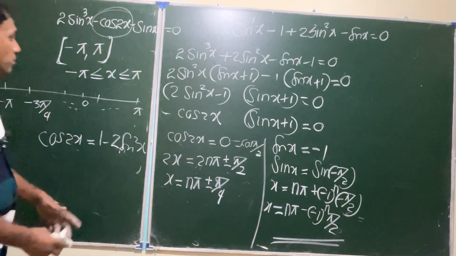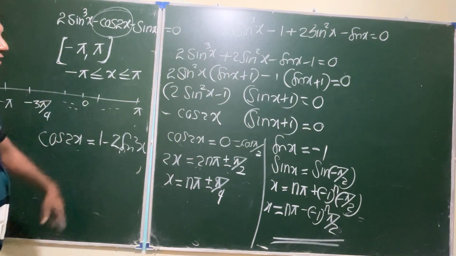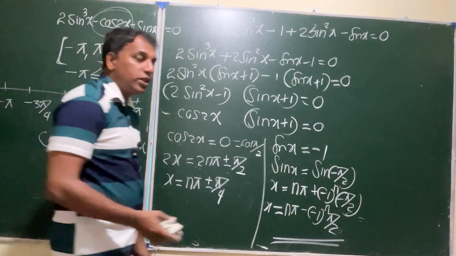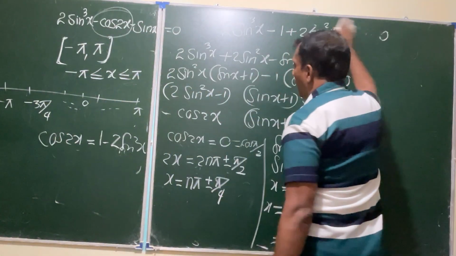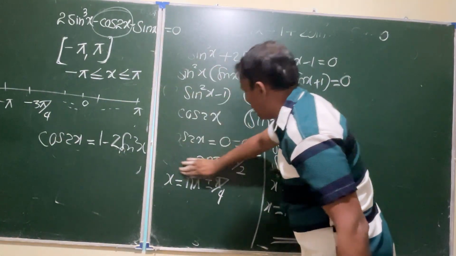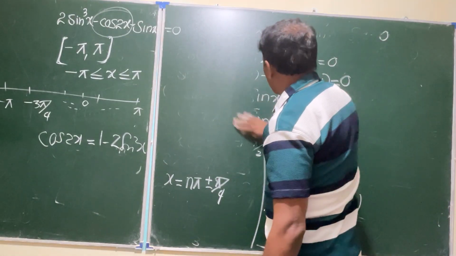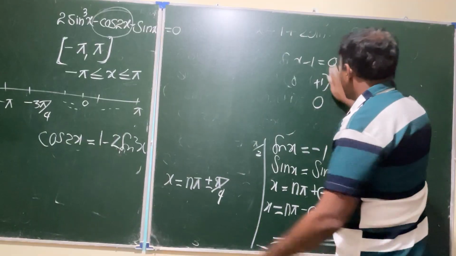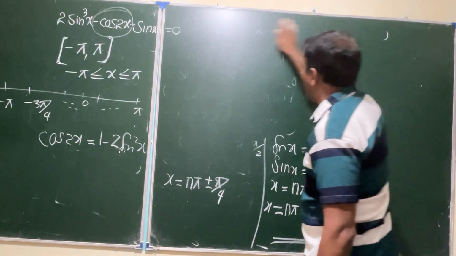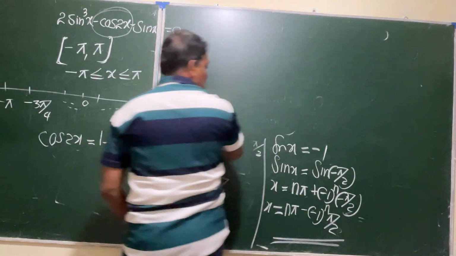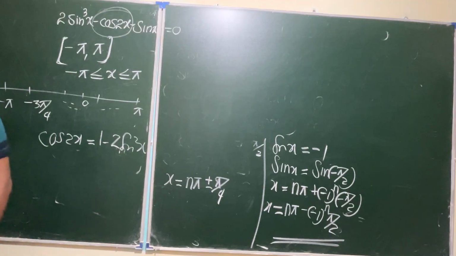But the question asks, from minus pi to plus pi, what are the solutions, and find their sum, right? Therefore, I come back to that case. I will show all the possible answers for this given solution from minus 180 to plus 180.